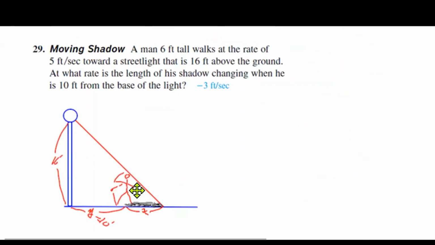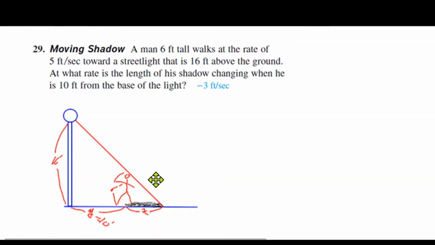The guy is walking and the light shines on him from behind, and this part is the shadow, right? So do you see that this triangle and this triangle are similar triangles? Okay, and this is what I'm calling y, and let's just call this thing x for now. So the guy is 6 foot tall, and that doesn't change.